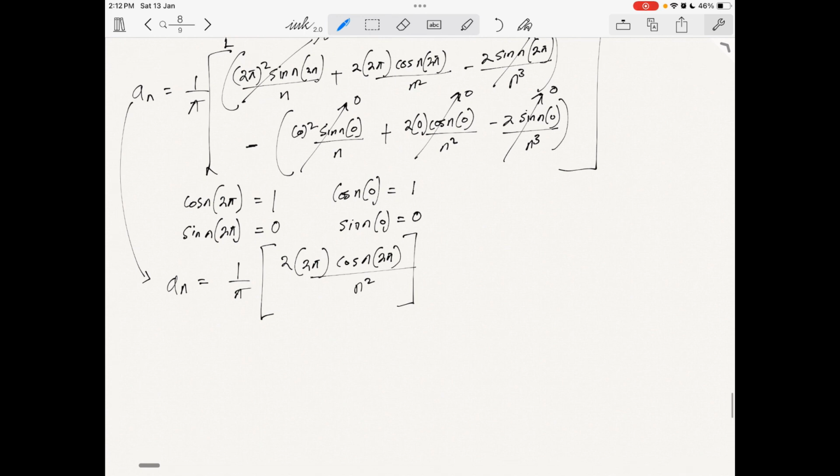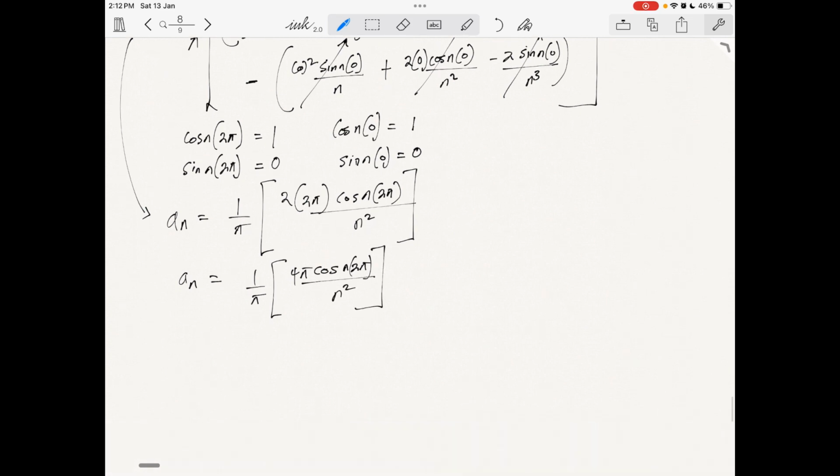So in essence, an is equal to 1 over pi multiplied by 4 pi cos n 2 pi over n squared. Pi can cancel out pi. I'm left with 4 cos n 2 pi over n squared.